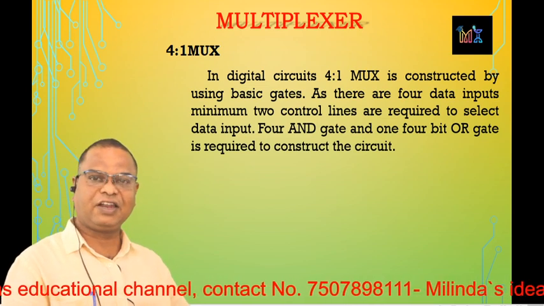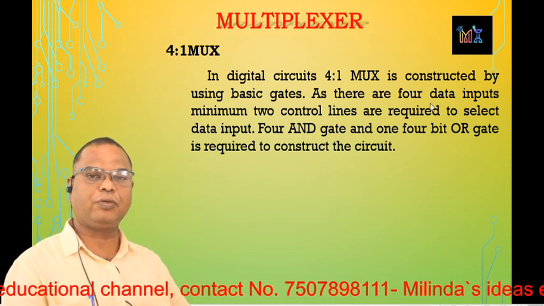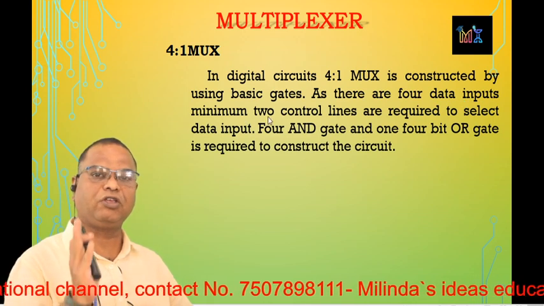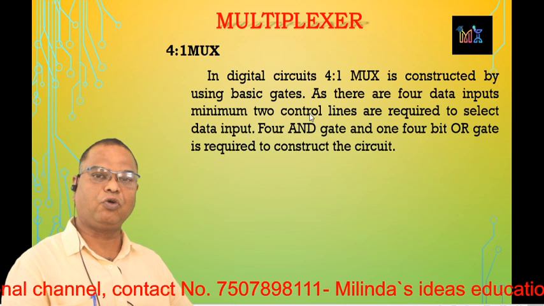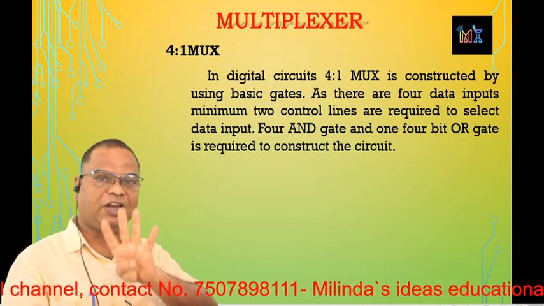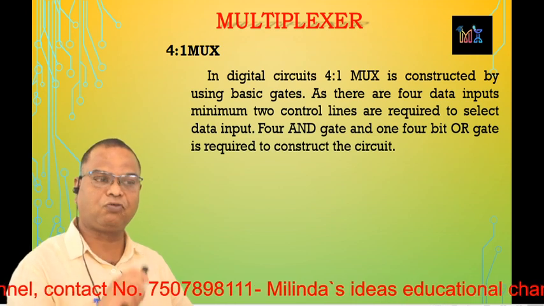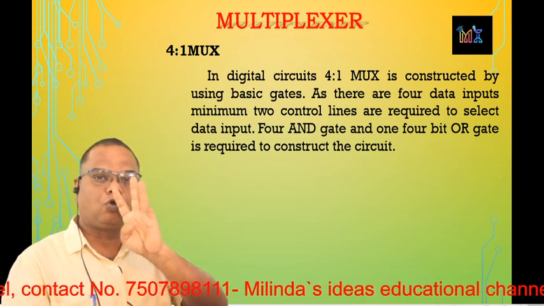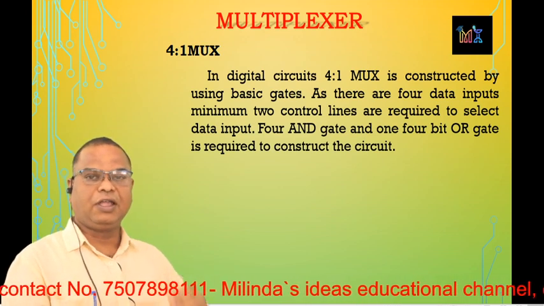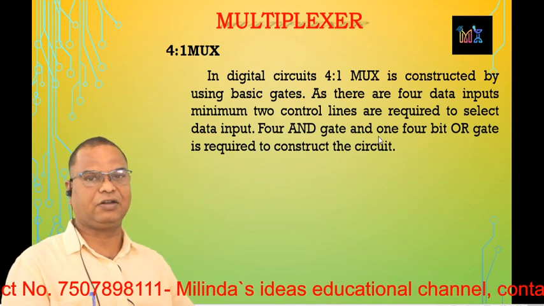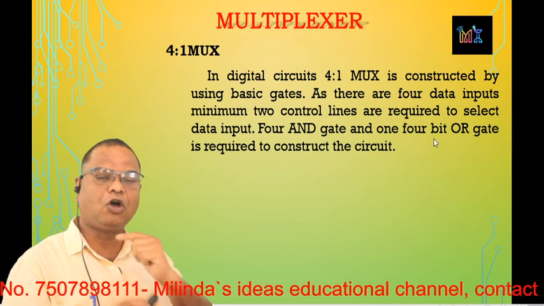So friends, as there are 4 inputs, a minimum of 2 control lines are required because the formula is 2^m is equal to n. As n is equal to 4, m is equal to 2. So 2 control lines are required, and in this circuit, as there are 4 inputs, 4 AND gates are required and one 4-input OR gate is required.